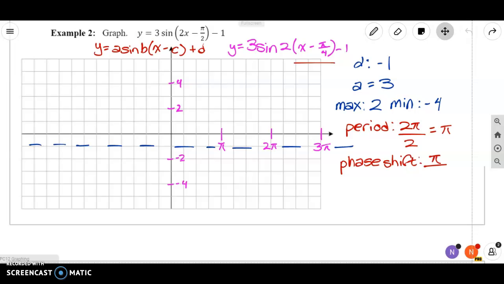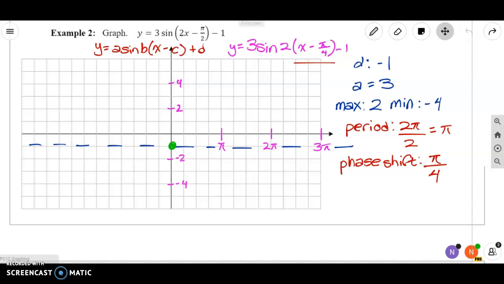Now, since we're doing a sine graph this time, I know sine normally starts at 0, 0. I would instead like to start at my midline, so I'm going to temporarily put a point there, even though I know that's not where the point is. That's my centered place. Any kind of vertical stretch isn't going to affect that, but what will affect it is the phase shift.